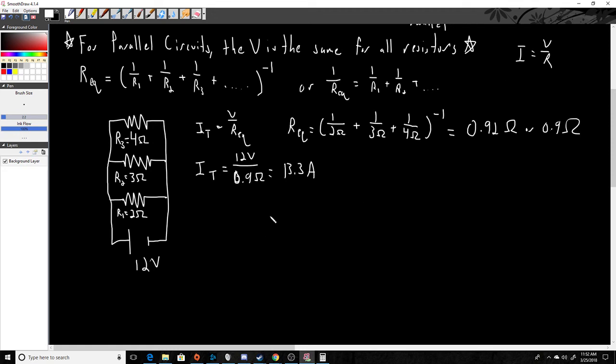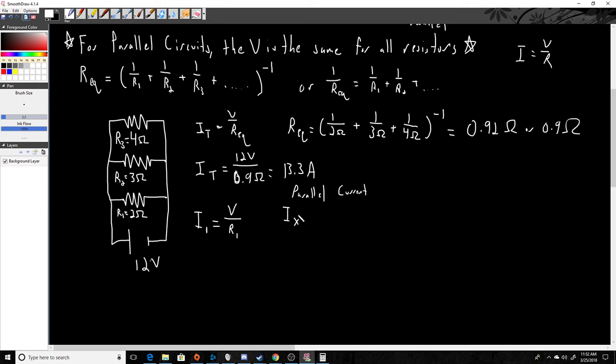So if I come back to Ohm's law, if I want to figure out how to find the different current through each one, like if I want to know the current going through resistor 1, I'm just going to take the voltage and divide it by resistor 1. Or if I wanted to generalize it, let's call this parallel current.